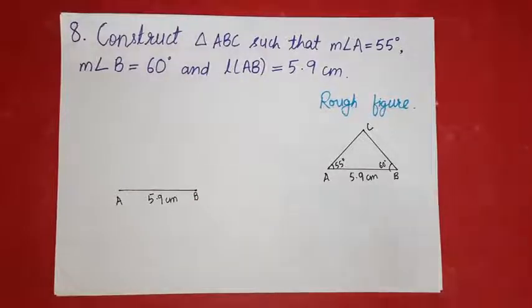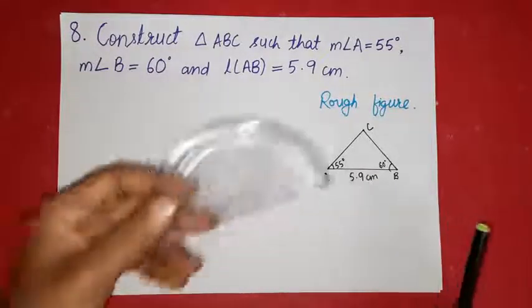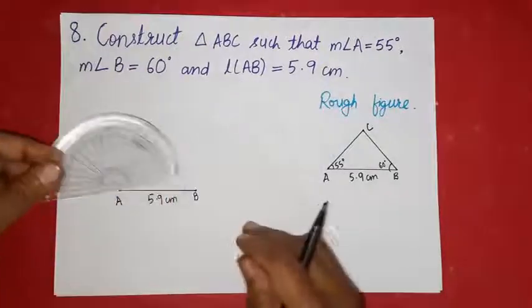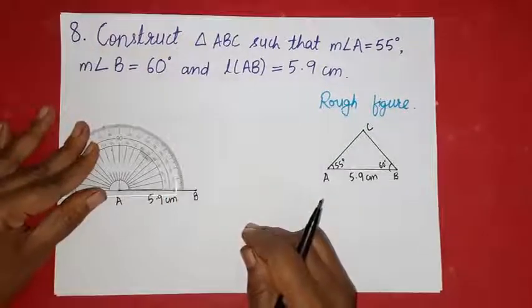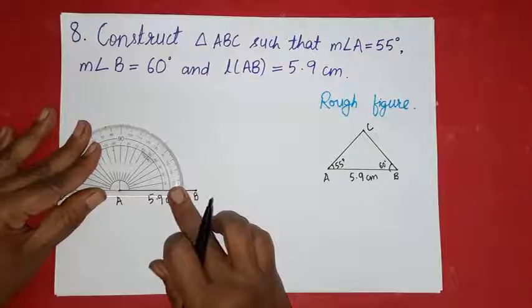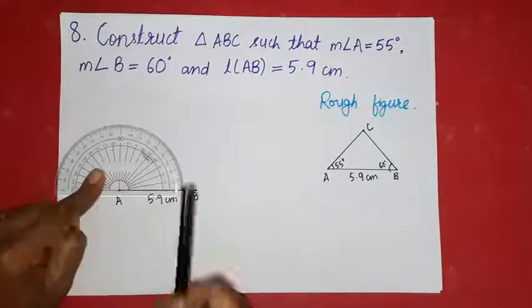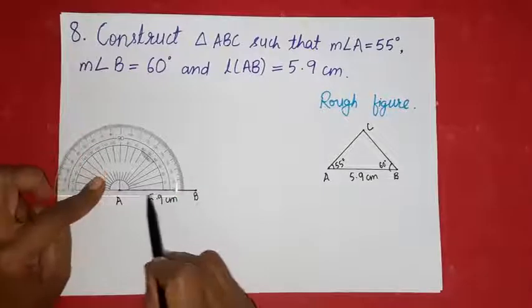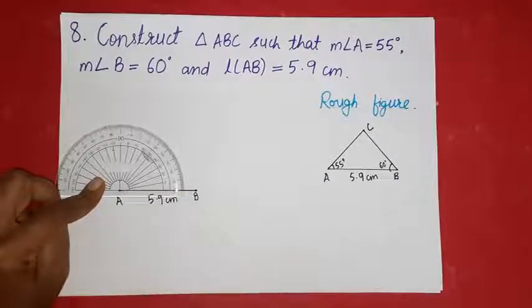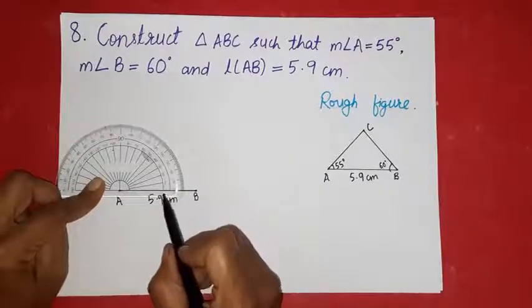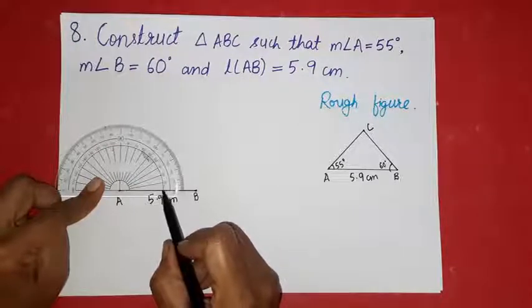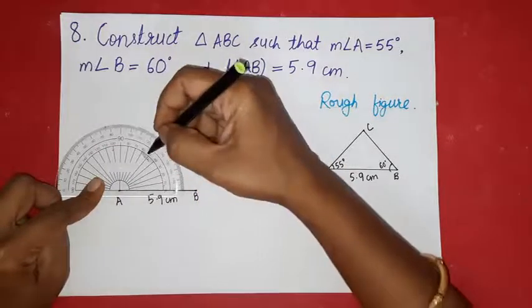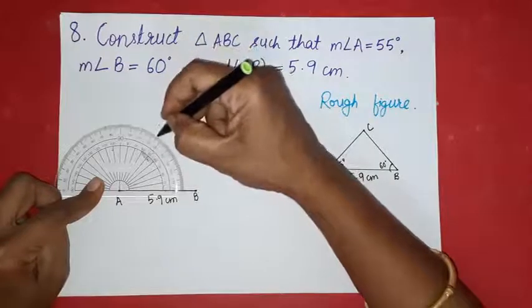Now, as you have to draw angle of 55 degrees, you will use protractor. Put the protractor on the vertex A, coincide the reference line with the segment AB and starting from 0, as we are coinciding it in the right side, we will take the scale which starts from the right. So, from 0, you have to go up to 55, 55 will lie between 50 and 60.